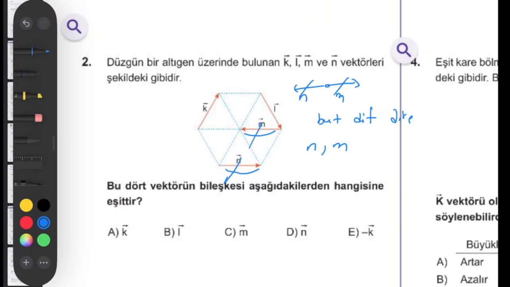We don't have any more M, N. We just have K, L. I can carry the L to here like this.